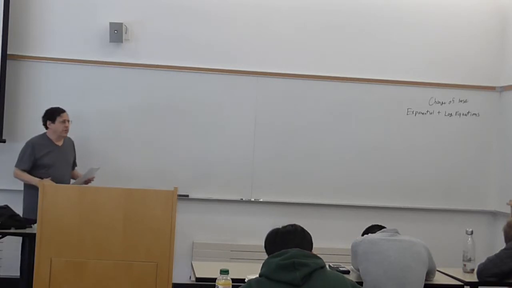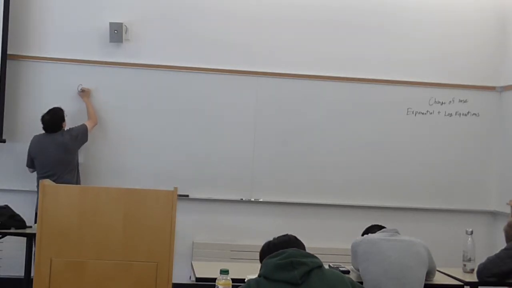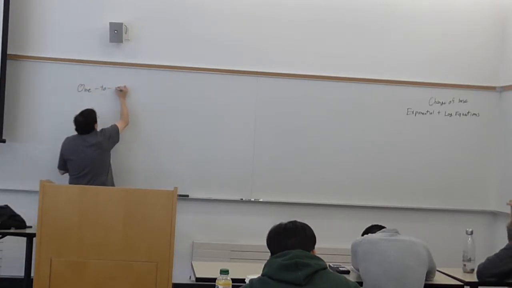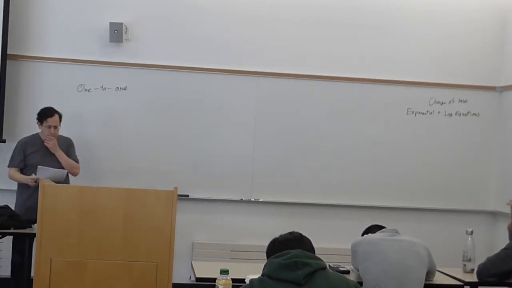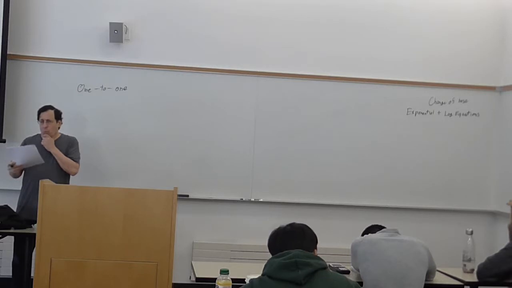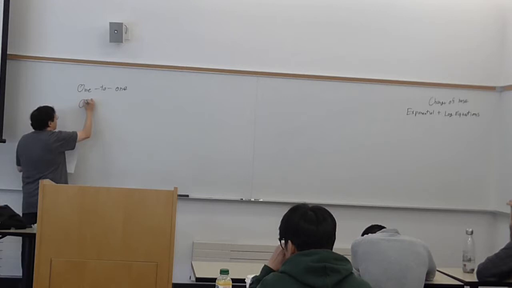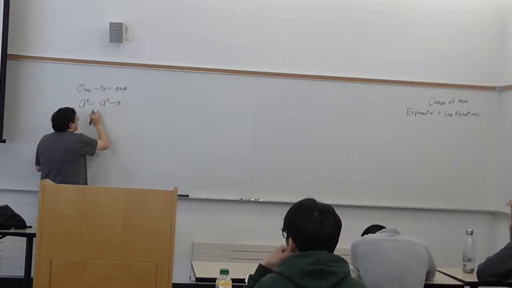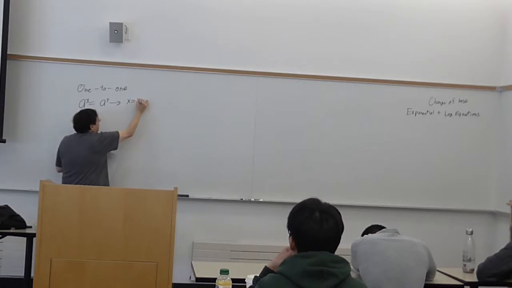First thing I want to say is that the book makes a big deal out of the fact that both the exponential and the log functions are one-to-one. The importance of that in the book is that if you see something like a to the x equals a to the y, since these are one-to-one functions, you can conclude that x must equal y.